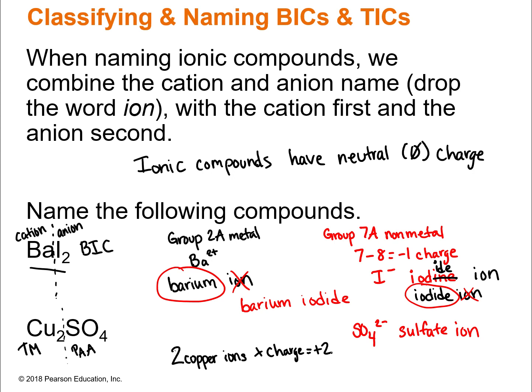What do you think the charge is on my copper ion? I've got 2 of them. And when I add up those charges for my coppers, it has to equal +2. It's got to be a +1 charge.